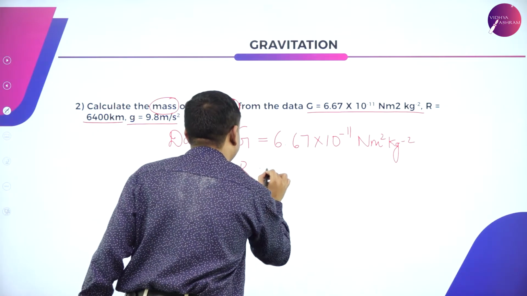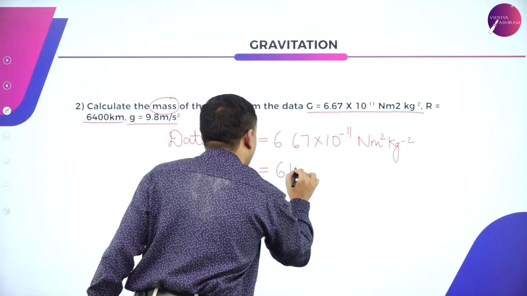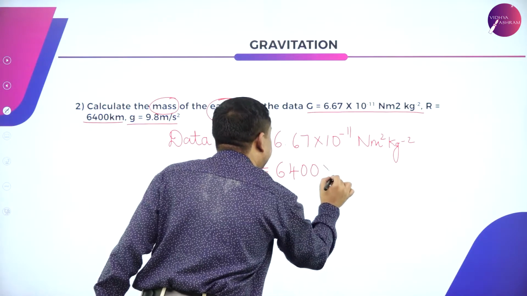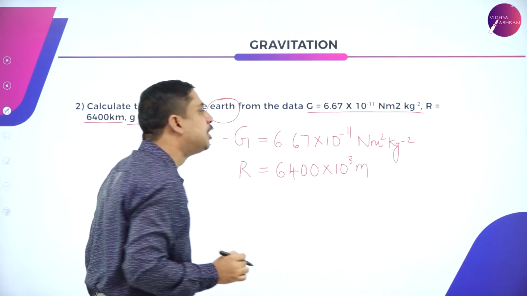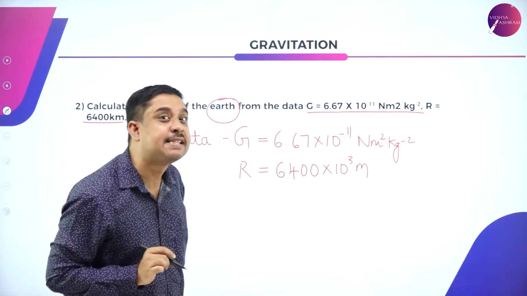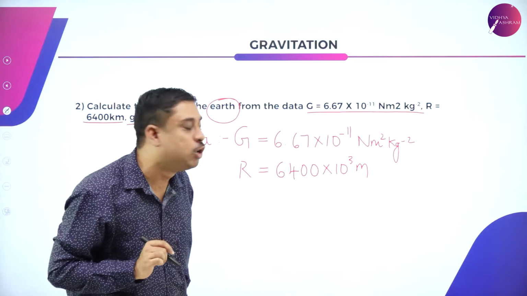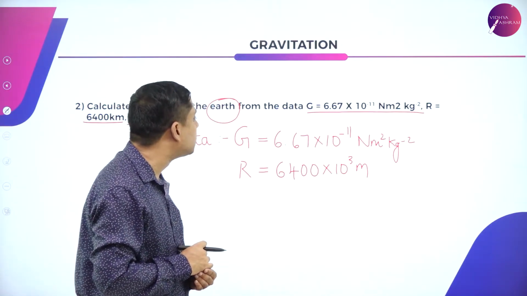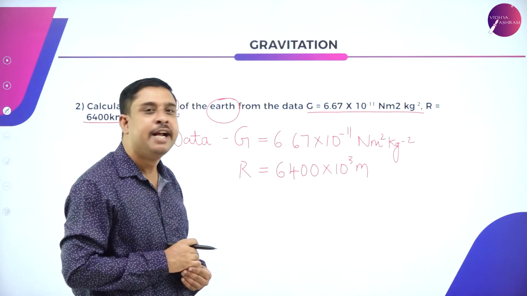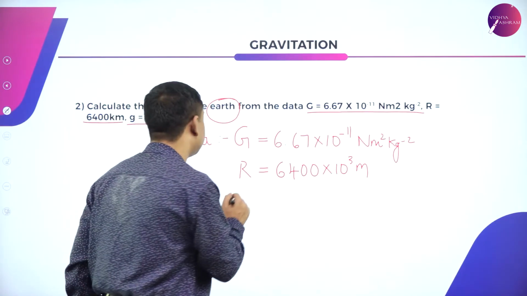Radius of the earth, 6,400 kilometer, or into 10 power 3 meter. Again SI unit, kilo is 10 power 3. So from kilometer, 6,400 into 10 power 3.